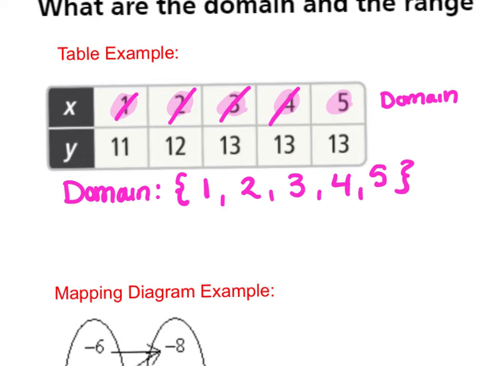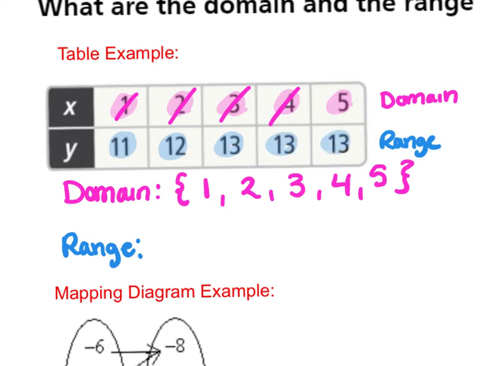Next, I need to identify the range. And the range, we know, is always related with the y values. So if I want to list the range, and we identify that all of these y values are my range, I'm going to see first, are there any repeated values?